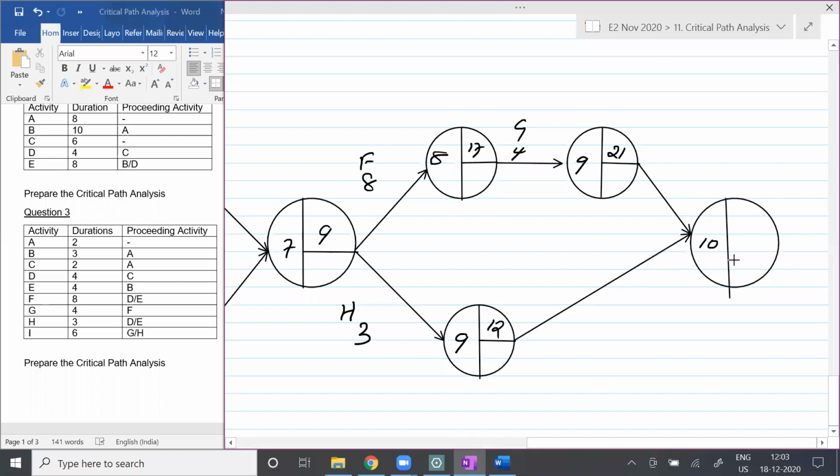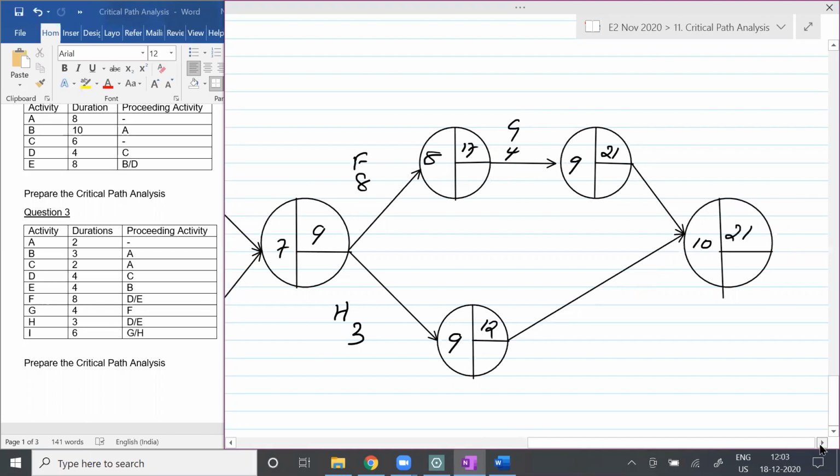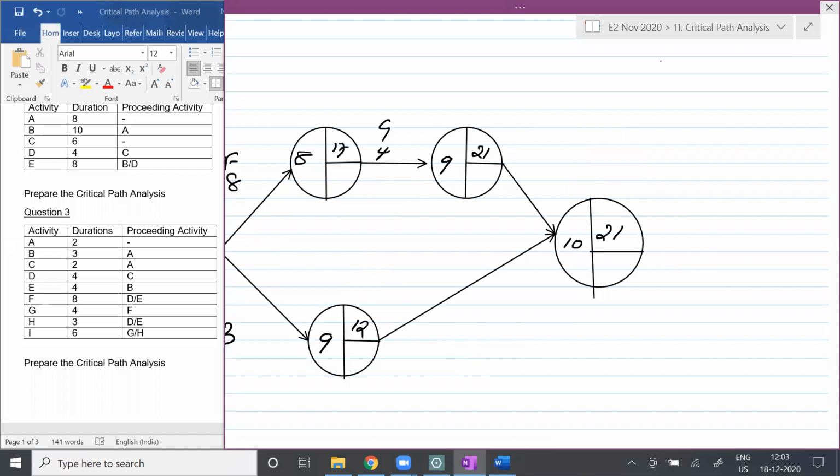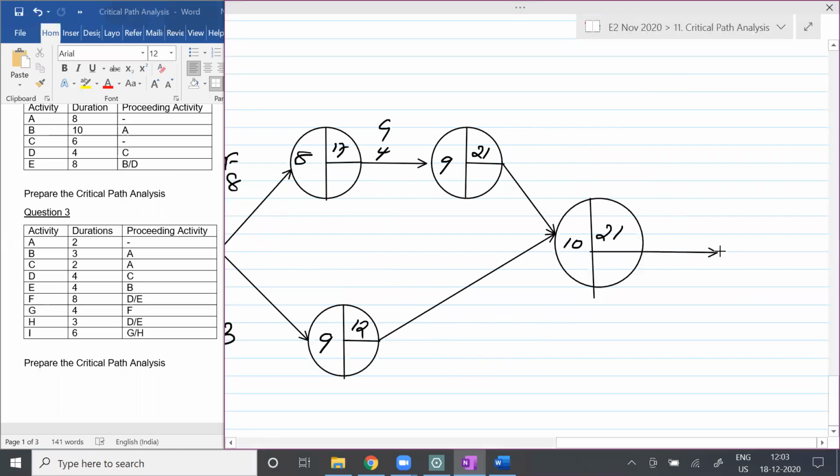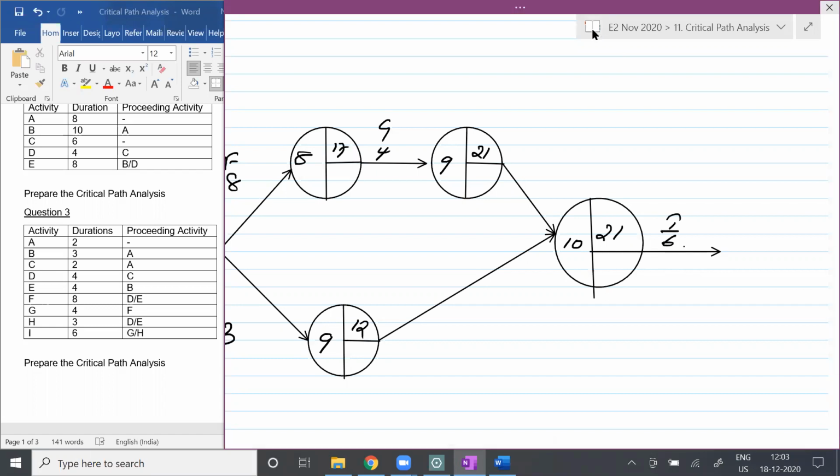And what I'm going to do here, students, is, shall we start working, yes or no? Which is the highest number, students? 21. So if this is completed within 21 days, then only you can go ahead with the other one, which is what, students? I. And I will be how many days, students? 6 days.